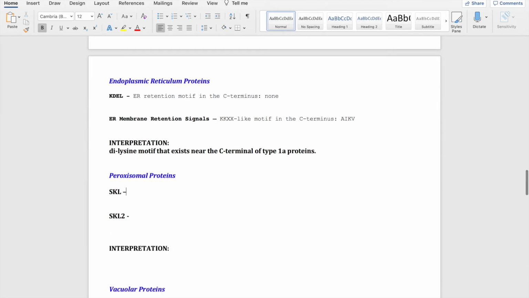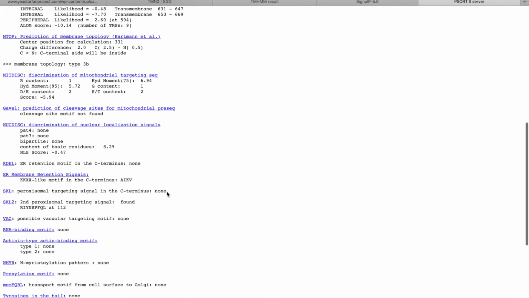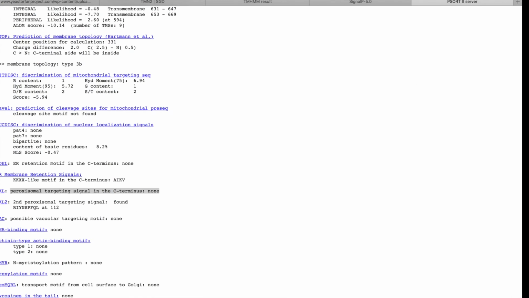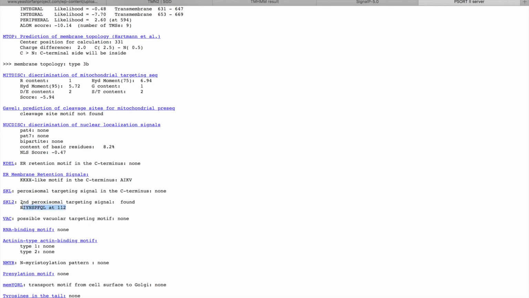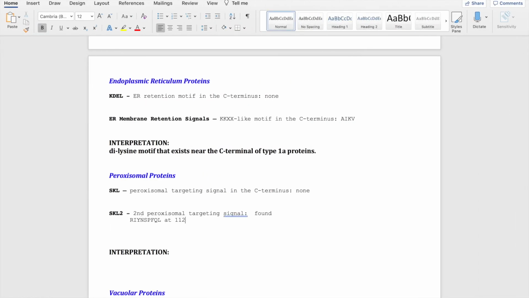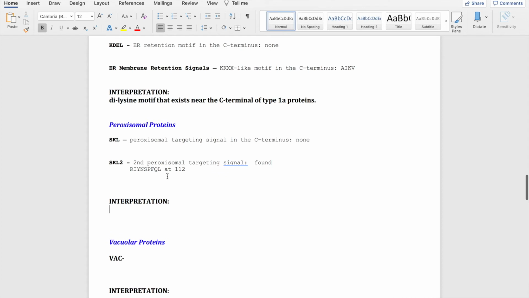All right, and now we're on to peroxisomal proteins. For SKL, the peroxisomal targeting signal in the C-terminus is none. And for SKL2, a second peroxisomal targeting signal was found, a short amino acid sequence starting at the 112th amino acid.